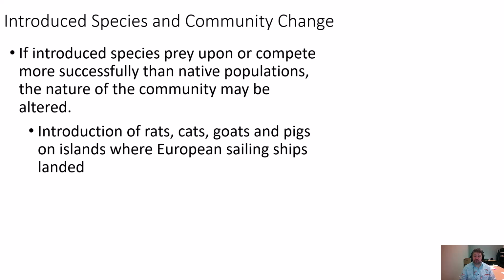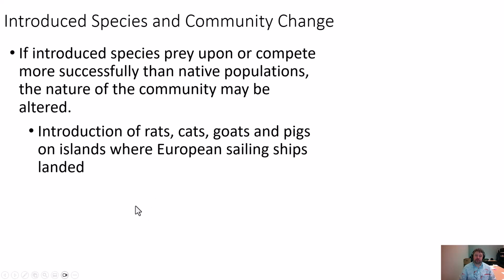Australia has a notorious record of documenting when cats, when rats, when other organisms were introduced, and how many different native marsupials were lost due to the abundance of these introduced species. And so they can really have a major toll.